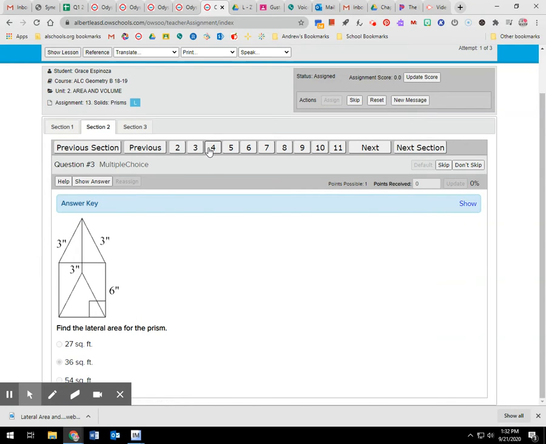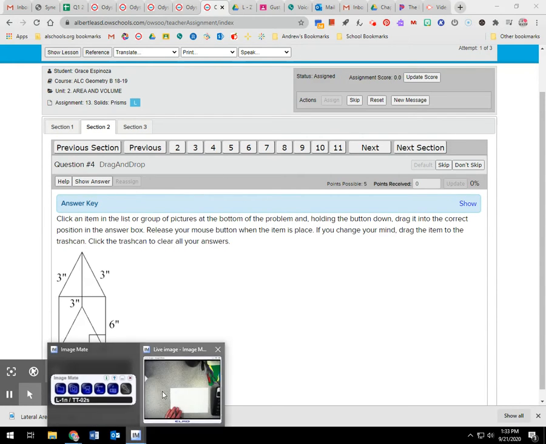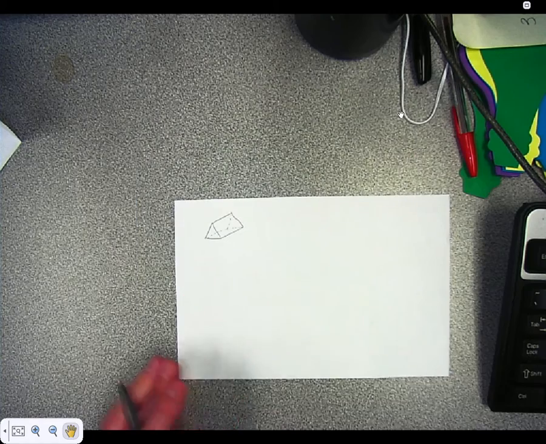All right, now let's talk about the more difficult thing. Total area. While I'm talking here, I'm drawing. I know you can't see what I'm drawing. Move over to this.